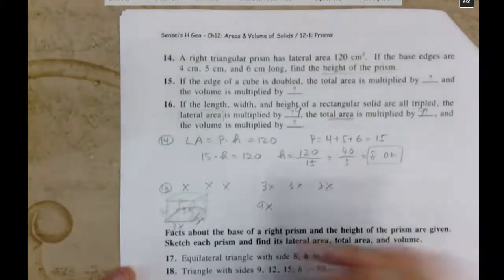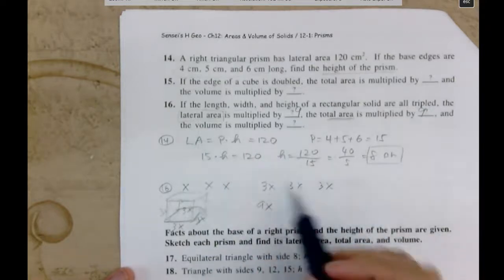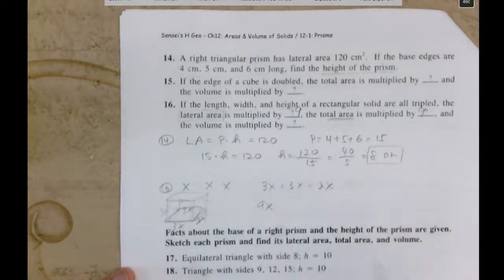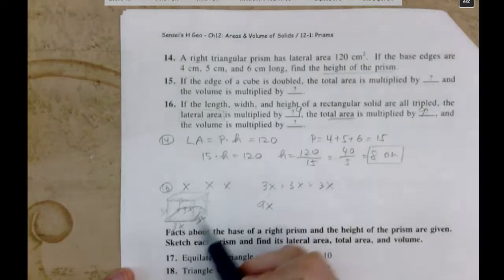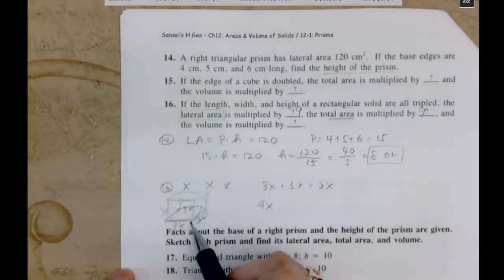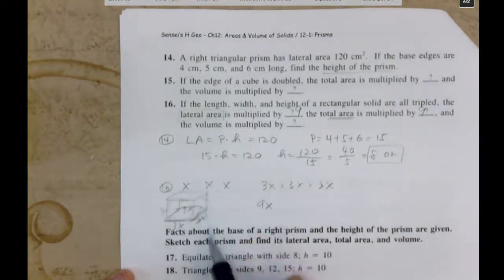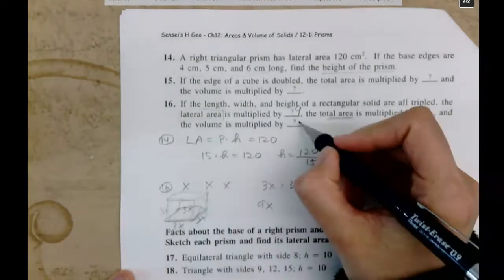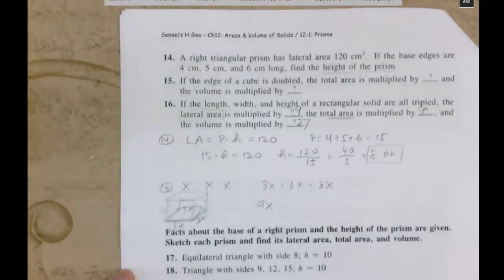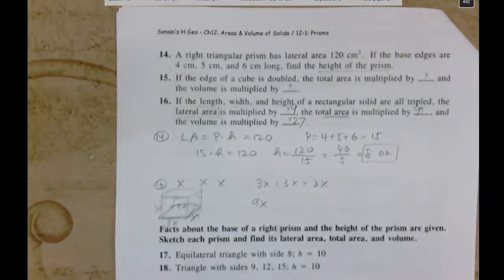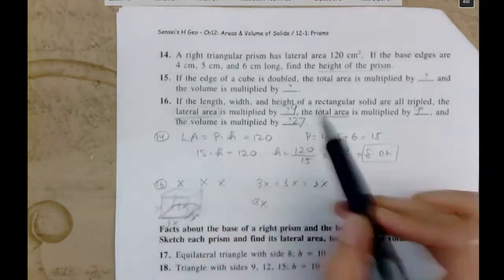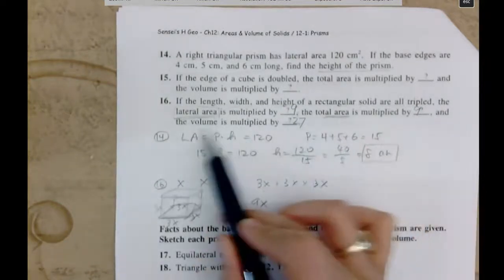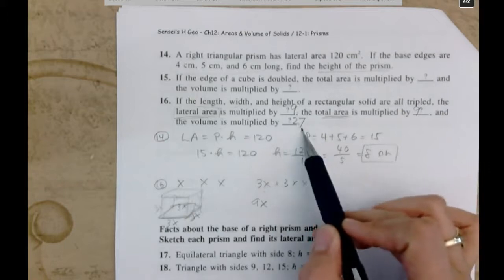And the volume now is multiplying 3 times 3 times 3, so it's going to be 27. We do more of this in 12.5 if you don't get it, but the idea is if it's area, the ratio is going to be squared. If it's volume, the ratio is going to be cubed.